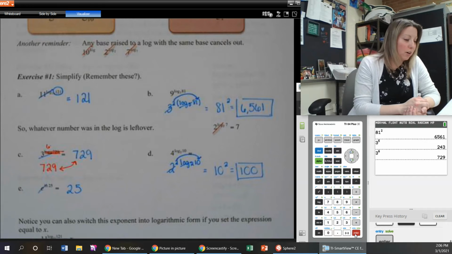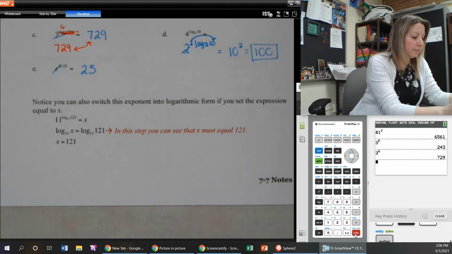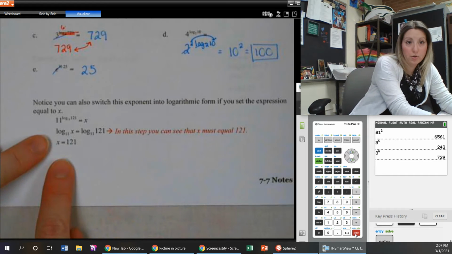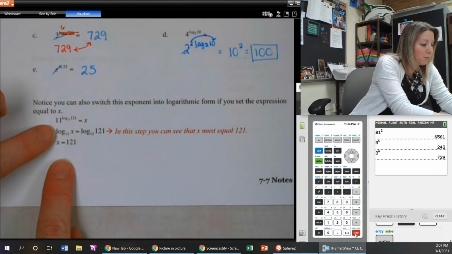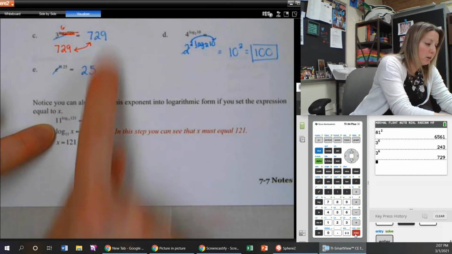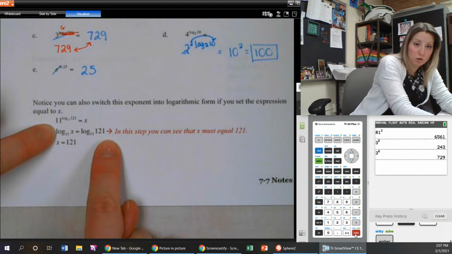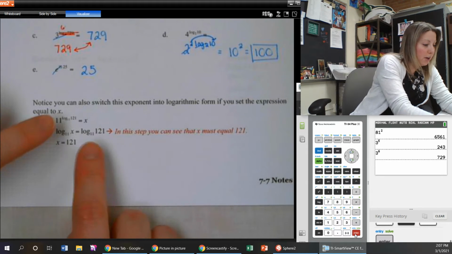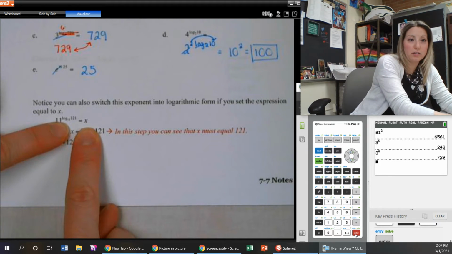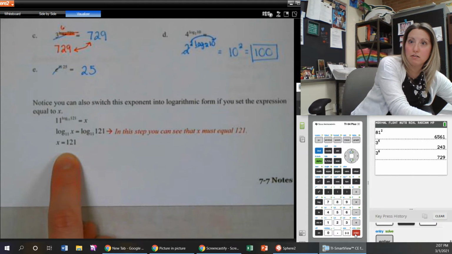We're going to use that shortcut because notice log base 11 to x. So I set this equal to x, like from exercise A, is equal to log base 11, 121, right? Well, that means the log base 11 parts can cancel out. And what's x equal to? 121, which is exactly how we did that.